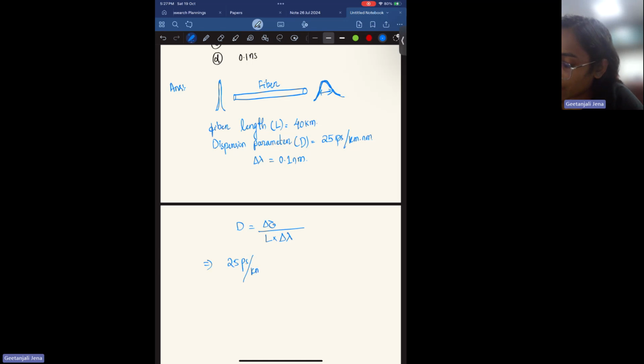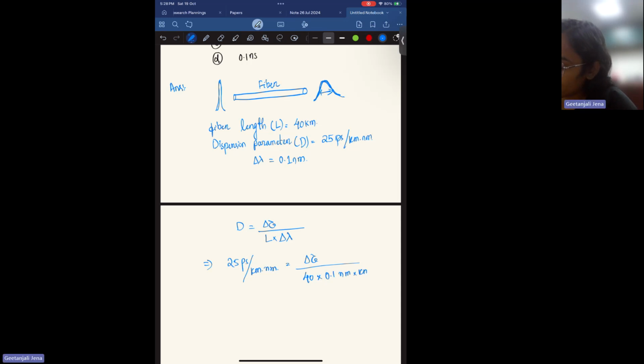Be aware of the units. While going through the calculation, remember the units you are taking. Delta tau it is asking. And L is given as 40 kilometer, and delta lambda is 0.1 nanometer.